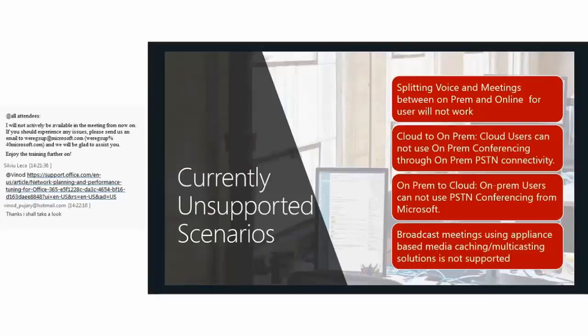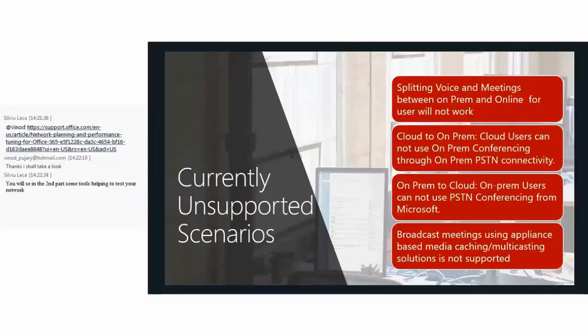If you have a user, you have to decide: do I want my user to have meetings and voice services in Skype for Business Server, or do I want my user to have all the voice services in Skype for Business Online? It's not possible, for example, to split and use some services from on-premises and some services from online.